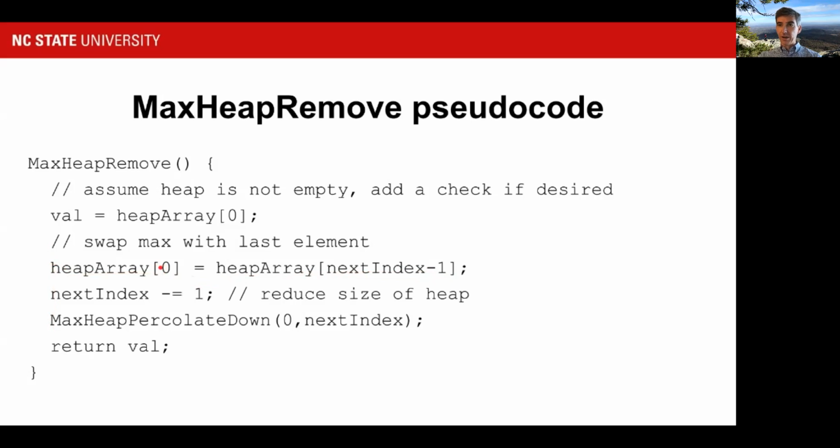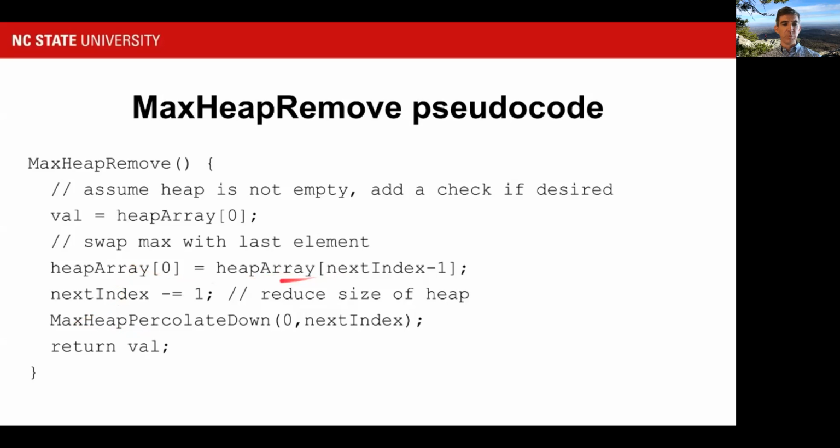So we go get the very bottom right corner of the tree, the last node in the last level, and we move it back up to the top. And then we percolate down. And percolate down means we look down the tree at its children, and we look to see if any of those nodes are bigger, and then we do a swap. And that's going to happen in MaxHeap percolate down.